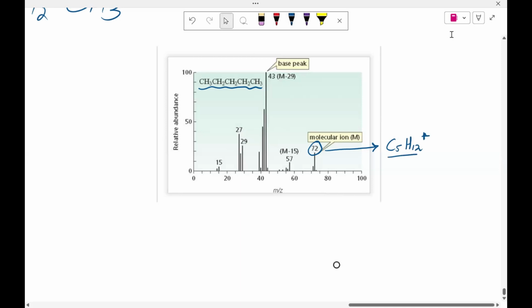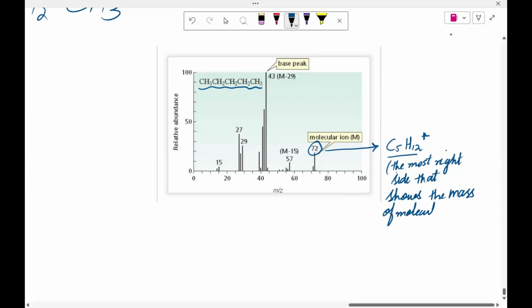And remember, the peak on the most right side shows the mass of the molecular ion. Is that clear? So for example, its molecular mass is 12 multiplied by 5 plus 12, and that would become 72.